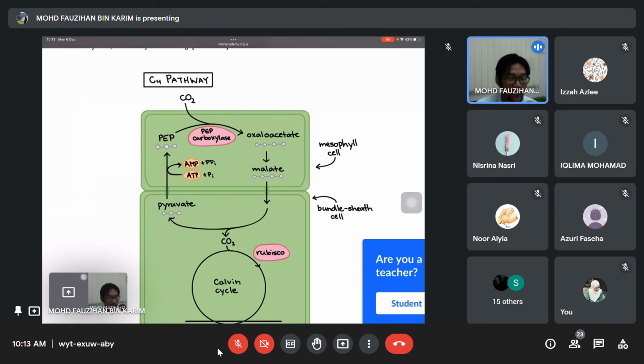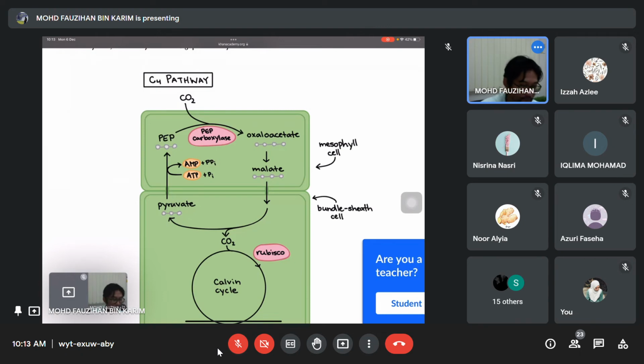For the C4 pathway, in the mesophyll cells there is PEP carboxylase. It's not Rubisco, but PEP carboxylase. It can bind only carbon dioxide. So there is no chance of oxygen being fixed.